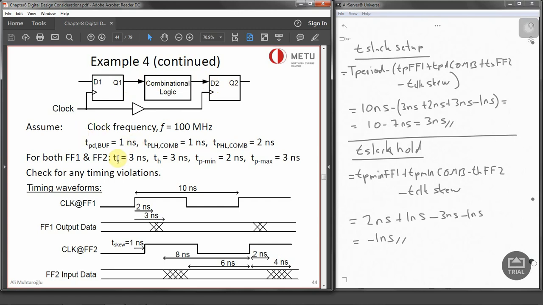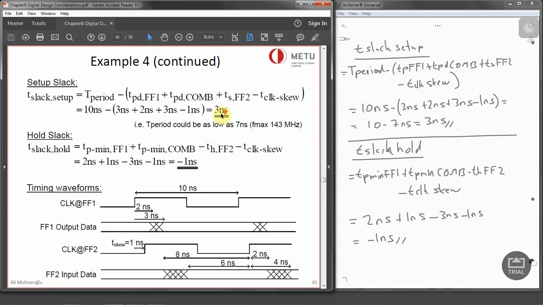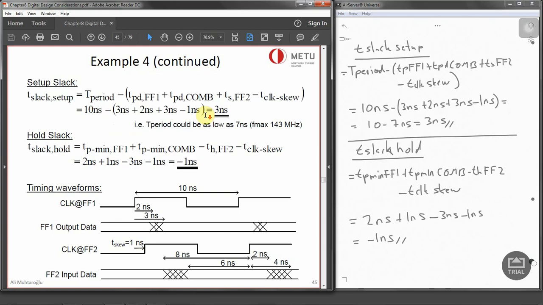We can add a buffer, because each buffer is 1 nanosecond. We can add 3 buffers, and that 3 nanosecond delay can be covered. So when we add 3 buffers there, the 3 nanoseconds will use up the setup slack margin, and this will be 0 as we are adding through the path.